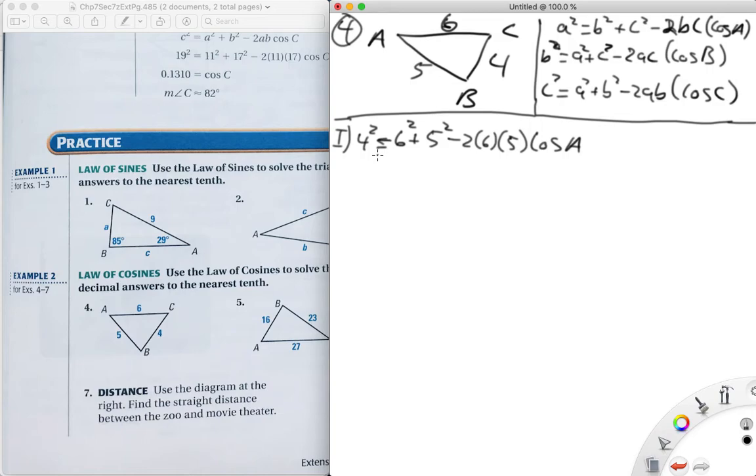I'm going to subtract that from both sides, so 16 minus 36 minus 25. I get negative 45 over here.